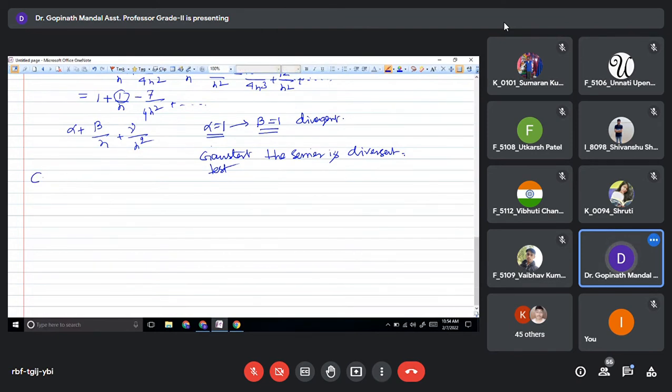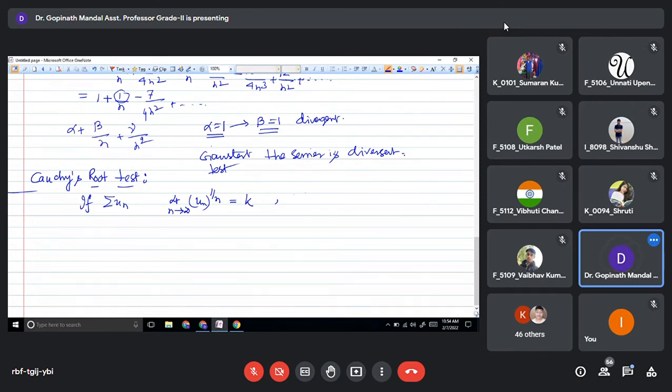Next, Cauchy's root test. Statement: if un is a positive term series, then limit n tending to infinity of un to the power 1 by n is equal to k.